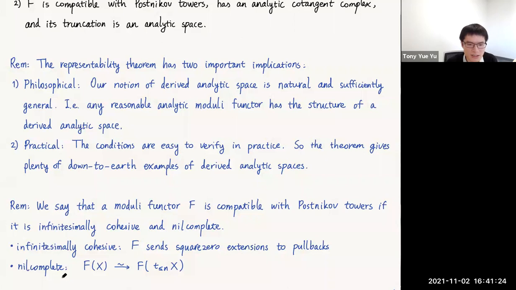And nilcomplete is just that when we take the limit of F applied to truncations, we get an equivalence. These are really straightforward to check for moduli problems in practice, and this shows that the theorem really gives plenty of examples of derived analytic spaces.